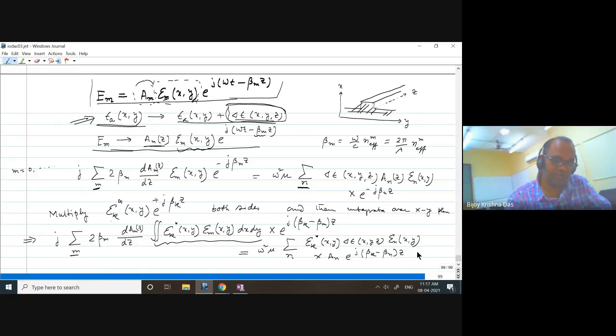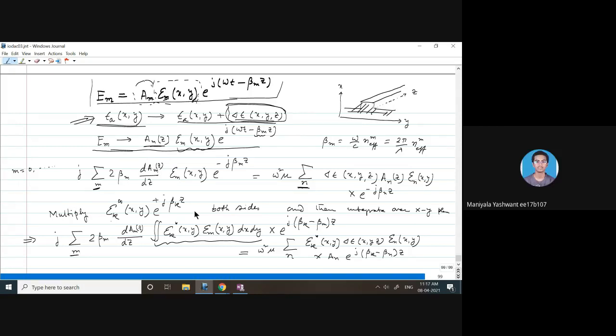So that is what I am getting. This is the left hand side and that is the right hand side. Simply what I'm doing is that whatever I derived in the last class, I'm just multiplying by ek star. So when I multiply that, I can see a clear way of simplifying the left hand side.